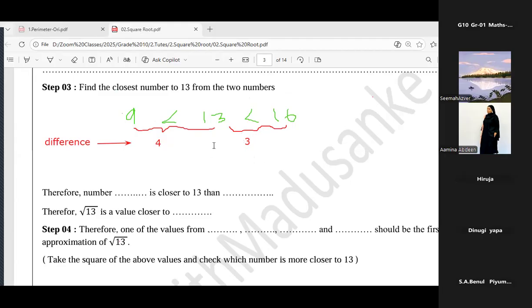So you can figure out whether 9 is the closest one or 16. By looking at these two differences, you can conclude that this 3 is the smallest gap, correct? Smallest difference, right? You can figure it out. This is the smallest difference.